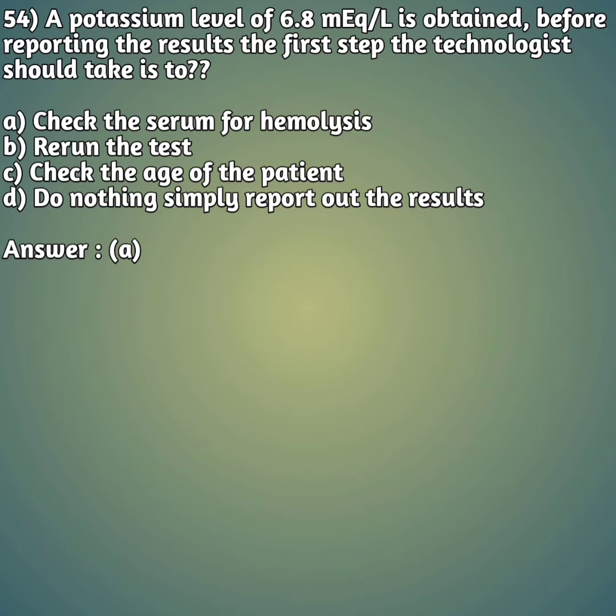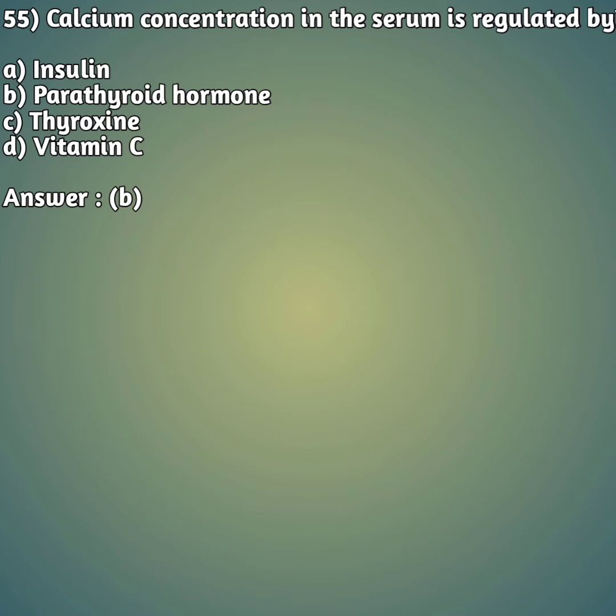Okay, moving on to the 55th question. Calcium concentration in the serum is regulated by option A, insulin, option B, parathyroid hormone, option C, thyroxine, and option D, vitamin C. So the right answer is option B, parathyroid hormone itself.